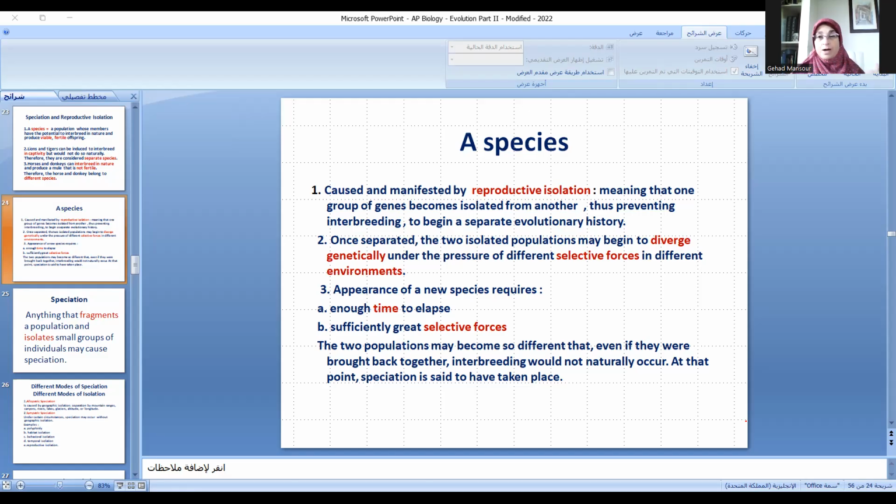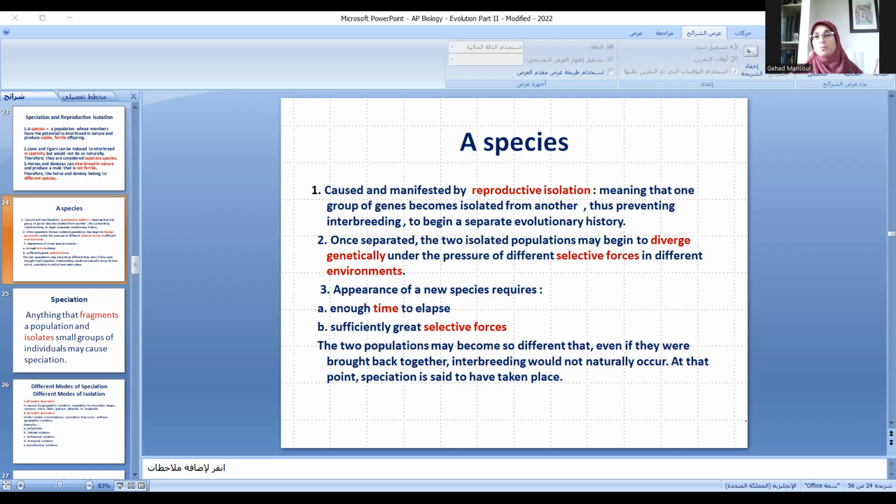Of course, if you have a plant that is polyploid, because polyploidy is very common in plants, it cannot breed with other plants of the same species that are not polyploid. Why? This is not the time to mention the reason because we would spend a lot of time, but actually they do not breed with each other.